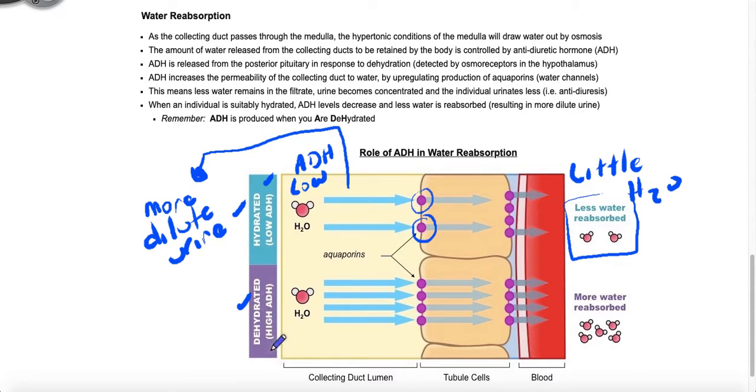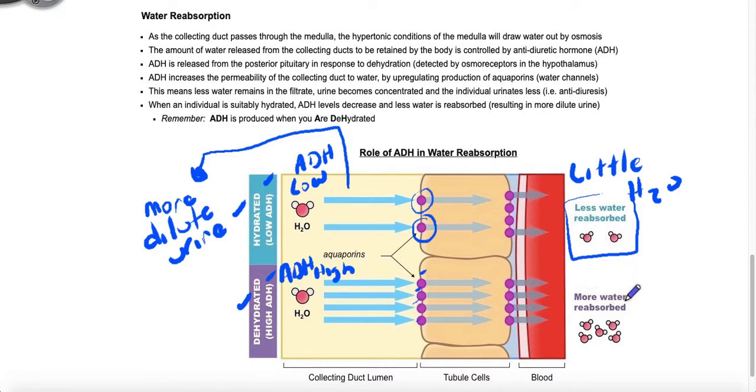If a person is dehydrated, then the hypothalamus is going to detect that. It's going to tell your posterior pituitary to send high amounts of ADH. So ADH is going to be high. That means that ADH acting upon these aquaporins is going to open many of them, and that means that the water found within the filtrate is going to be taken back up, or reabsorbed, more into your blood.